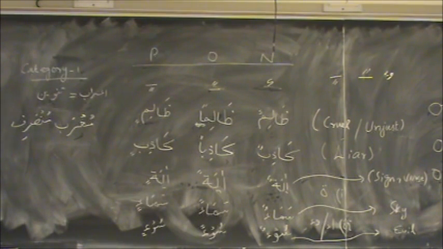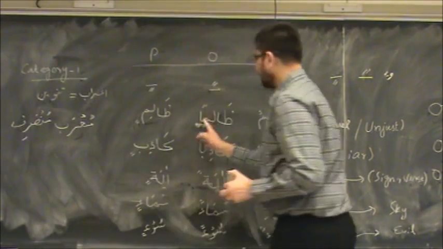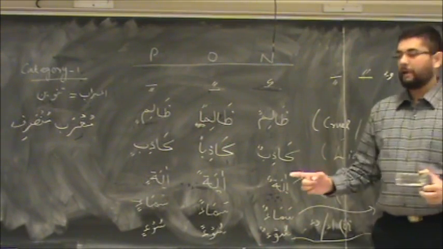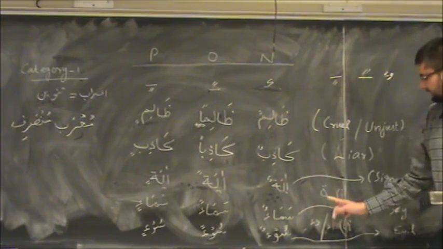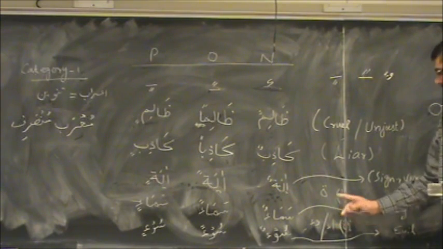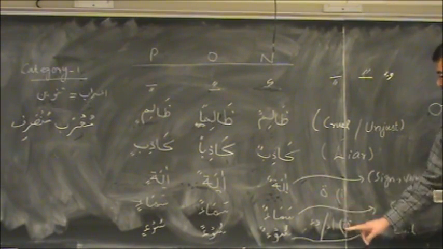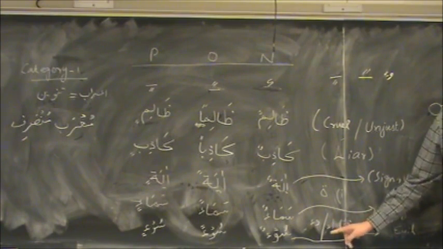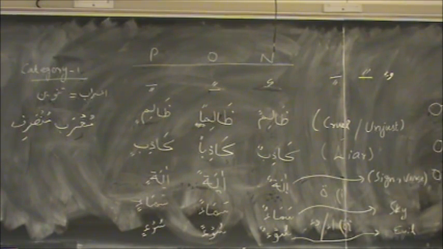Okay? And then we said that in the objective case we append an alif so that we could pronounce it. But we don't append it in these two exceptions, when there is ta marbuta at the end, or when it is either alif hamza or waw hamza. Alright? That is the first category.